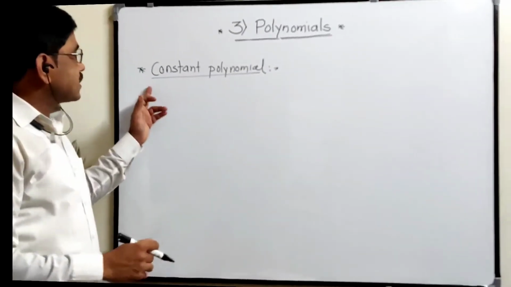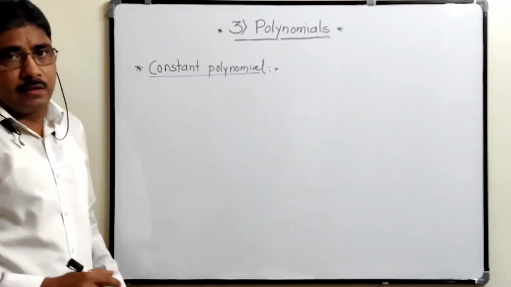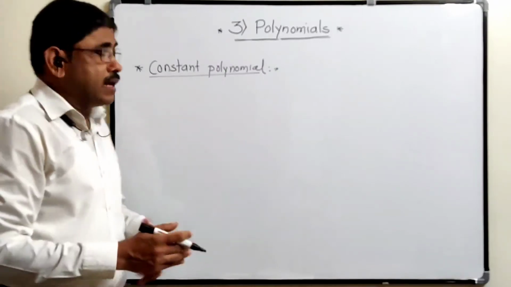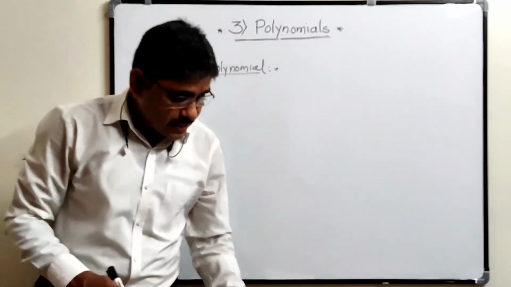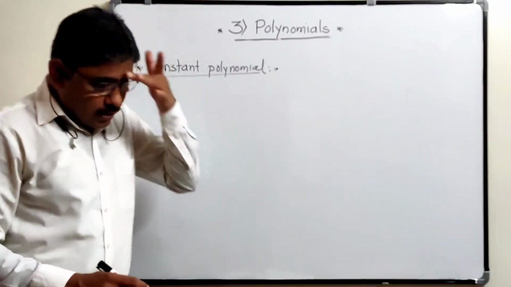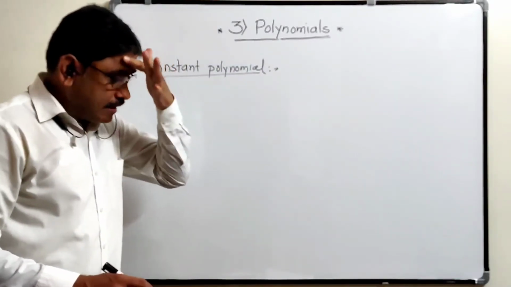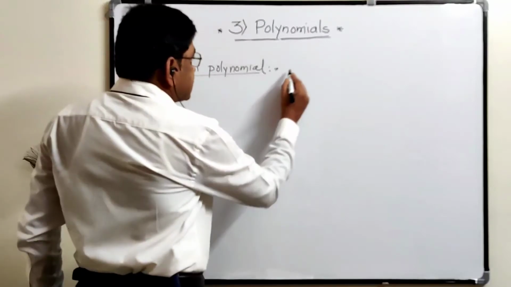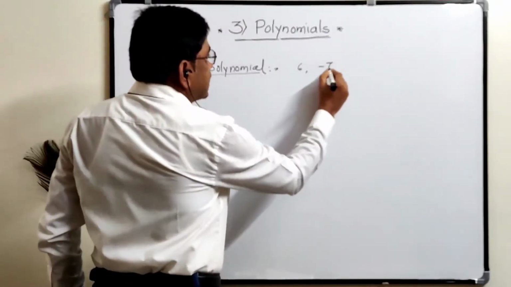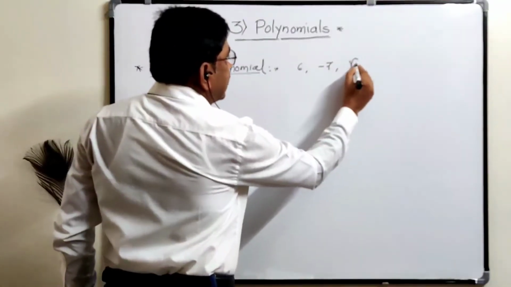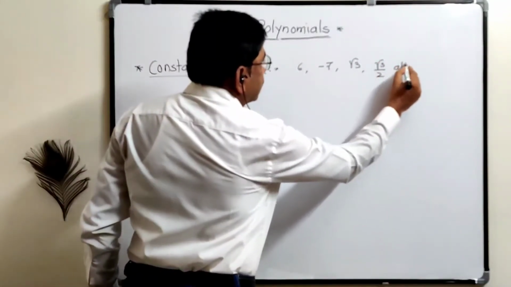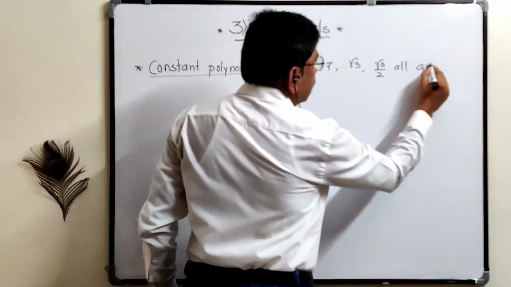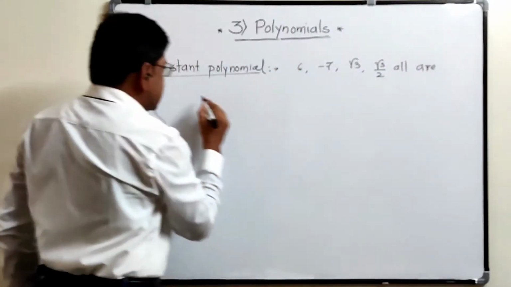Our next point is constant polynomial. So what is meant by constant polynomial? If only one constant term, means only number is there, then it is called a constant polynomial. So here this only number means 6, minus 7, root 3 by 2, all are constants.